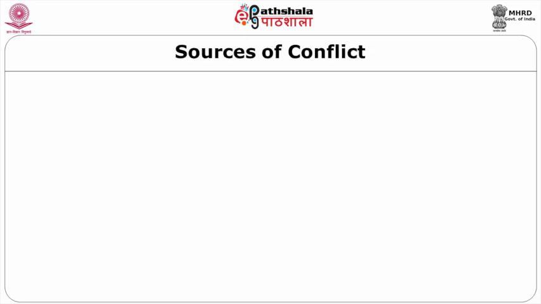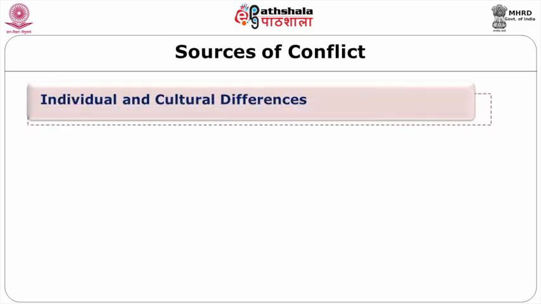Now let us try to understand what are the various sources of conflict. The first source of conflict is individual and cultural differences. There are individual differences, there are cultural differences in the society which will give rise to conflict. When I say there are individual differences, it means no two persons are alike, their thinking is different, their opinion is different, their values, attitude, interest are different.